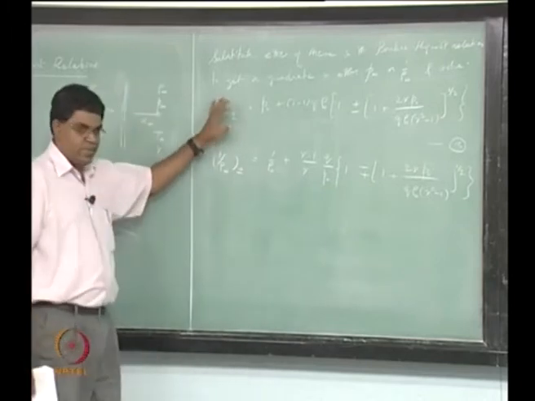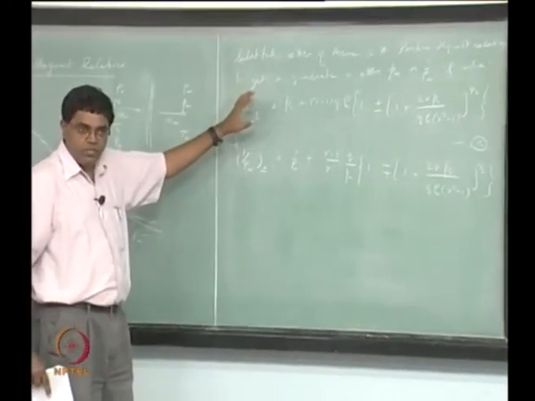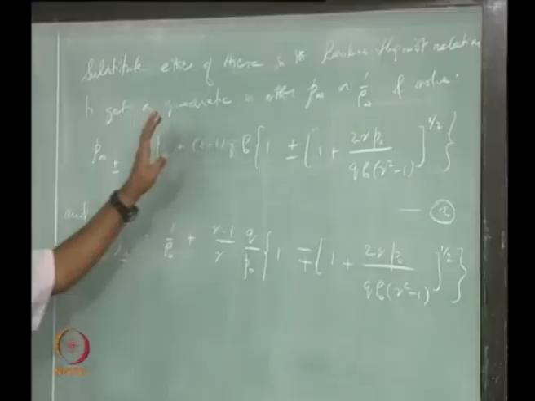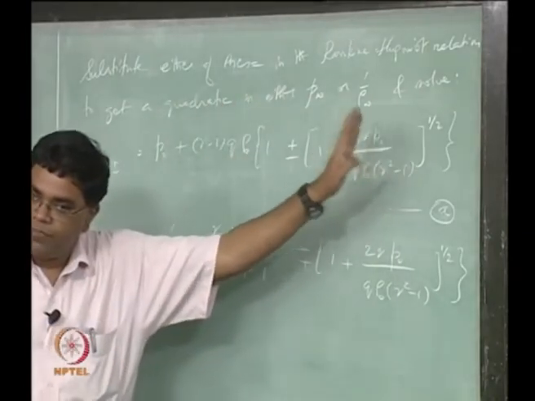So when you basically say plus or minus, you simply mean upper Cj or lower Cj. That means we are expecting that for the upper Cj your P infinity should always be greater than P naught, therefore P infinity plus will correspond to P naught plus this, okay.